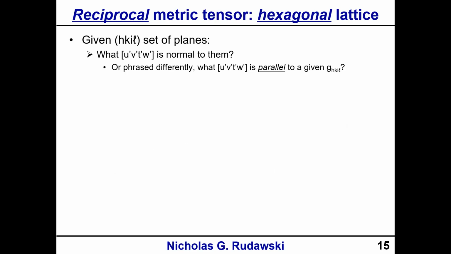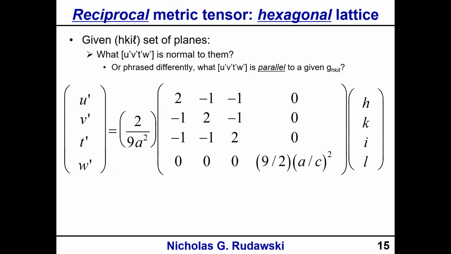Then if we do the same thing for a reciprocal metric tensor, we have a given HKL set of planes, and we want to know what U prime, V prime, T prime, W prime direction is normal to them. Or again, phrased differently, what U prime, V prime, T prime, W prime lattice vector is parallel to a given G HKIL vector. So a very similar looking equation here.